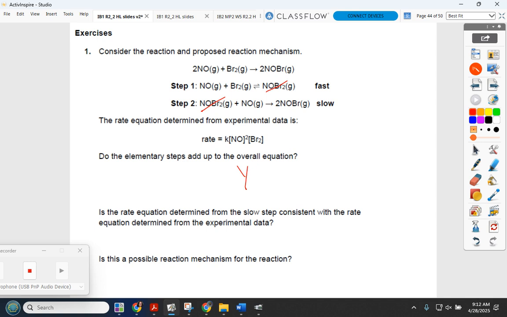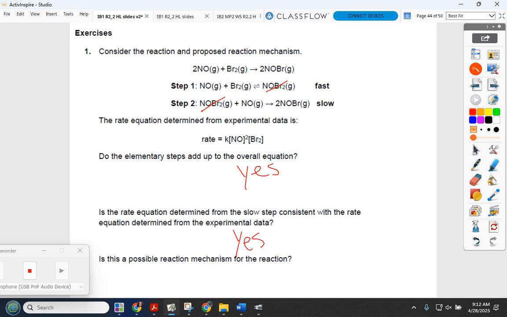And yes. Is the rate equation based on this mechanism consistent with the rate equation that we're given from experimental data? Yes, Jacob is correct. It is.